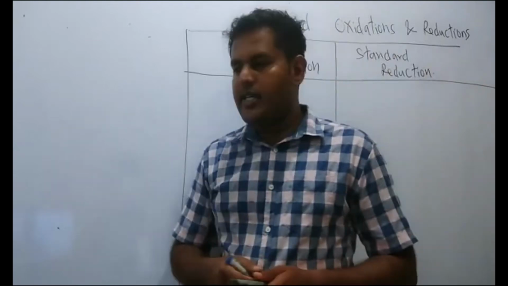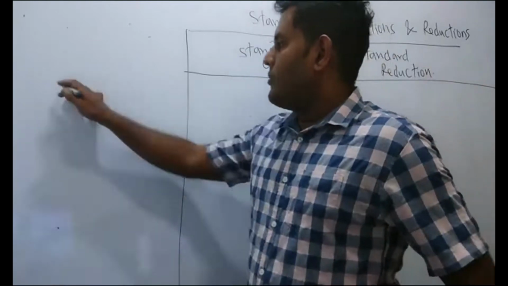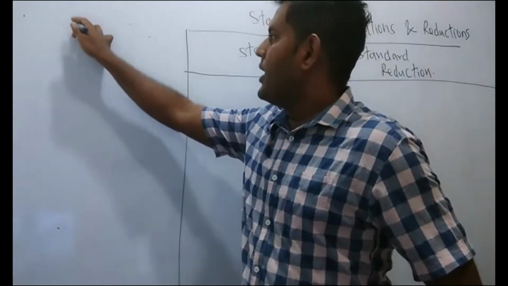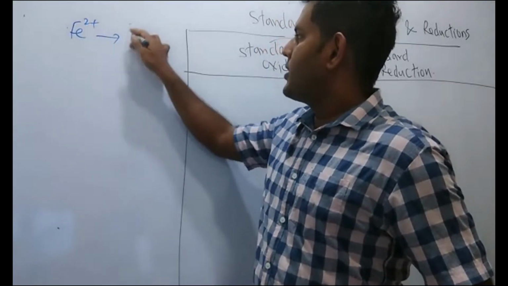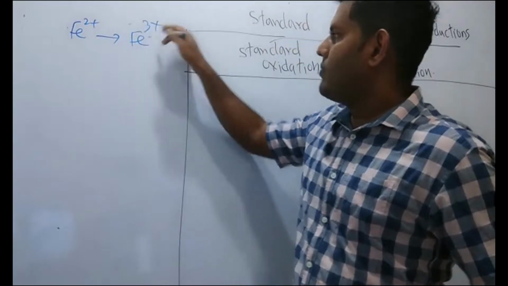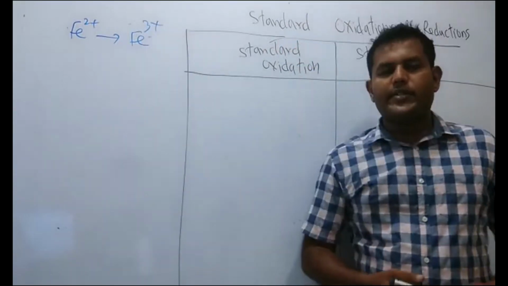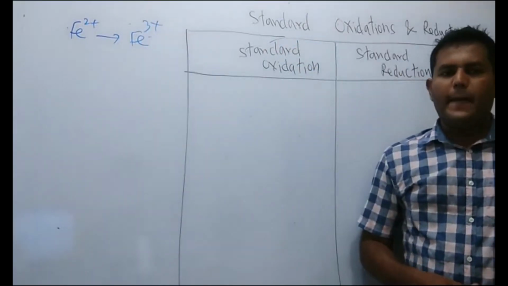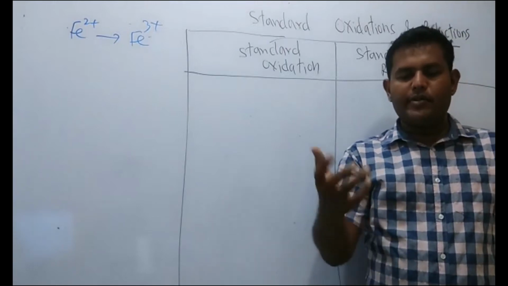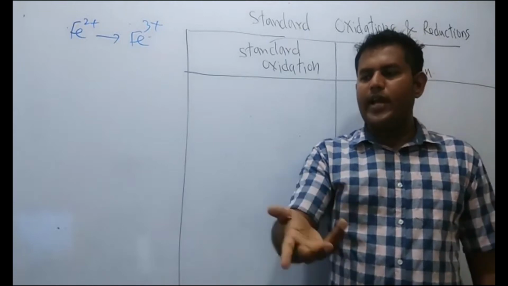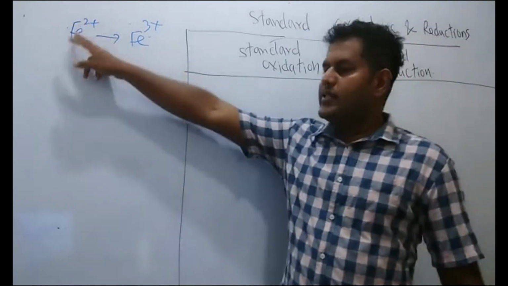Right, okay, see this example. Number one: Fe2+ is converted into Fe3+. This is very, very simple, right? Is it oxidation or reduction? Just see the oxidation number on the left side. This Fe, what is the oxidation number?